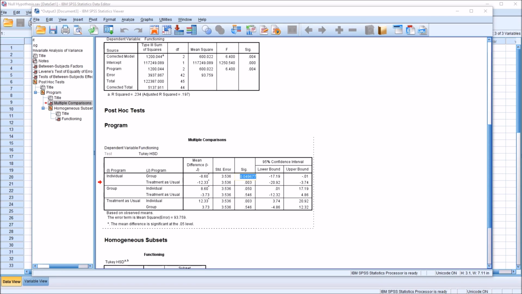So in this case, we would reject the null hypothesis that the means are equal across these 2 levels, and we would say that they are not equal on the mean scores on the function dependent variable between the individual and group levels of the independent variable program. So in this case, we have a statistically significant result between individual and group, individual and treatment as usual, and a non-statistically significant result between group and treatment as usual.